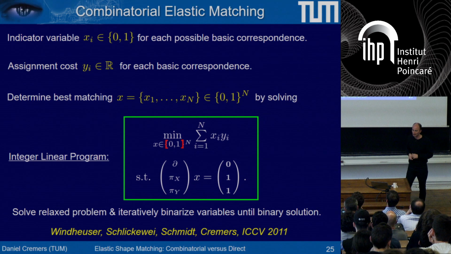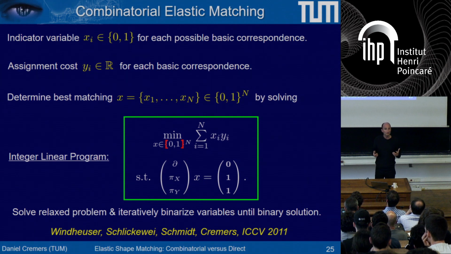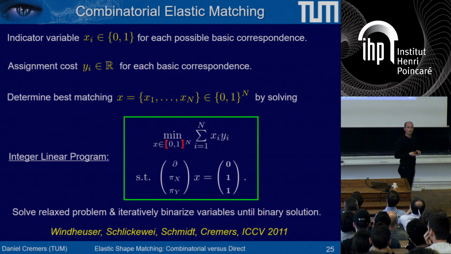Typically it takes some 10 iterations to converge. And that way we get a solution that is obviously not the provably optimal assignment, but it's a solution that does not depend on initialization, and it's not a local minimum as in the gradient descent strategy.